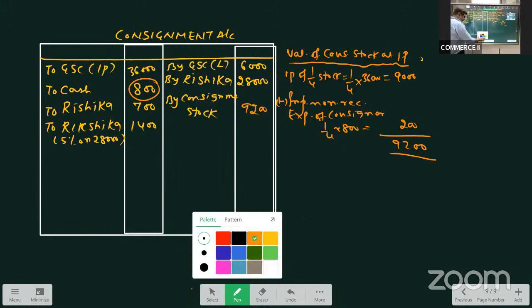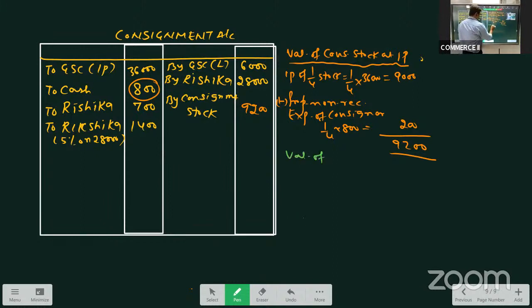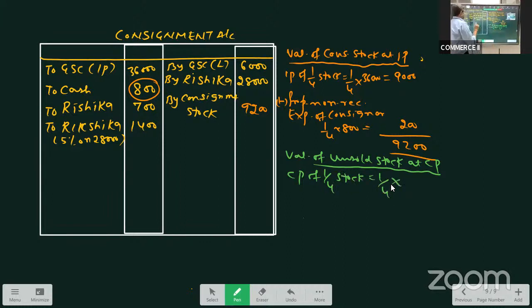Then again what I have to do? I have to do the valuation once again at cost price. Valuation of unsold stock or consignment stock at cost price. So cost price of 1/4 stock would be 1/4 of what is the actual cost?